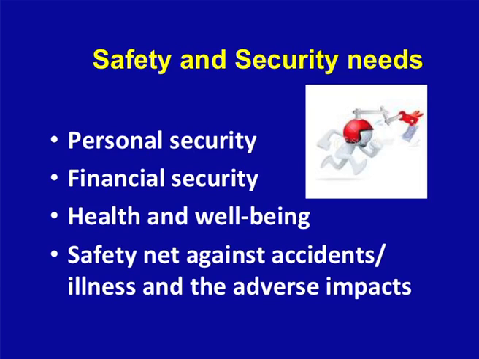As a second category, just above that, we see the safety and security needs. Personal security, financial security, health and well-being, safety net against accidents, illness or any other adverse impacts, all these become very important after physiological needs. Once the physiological needs are satisfied, a person tends to think about this category of needs.